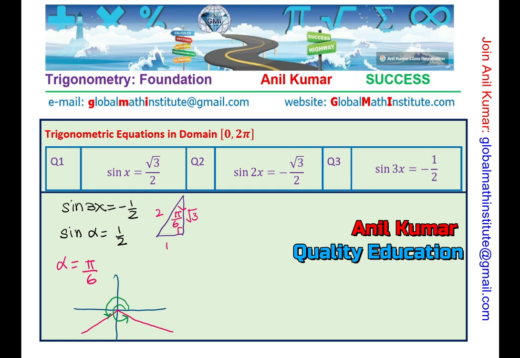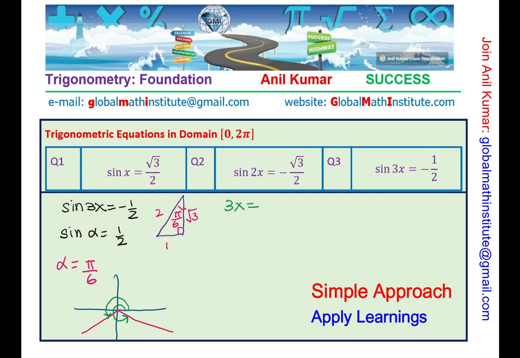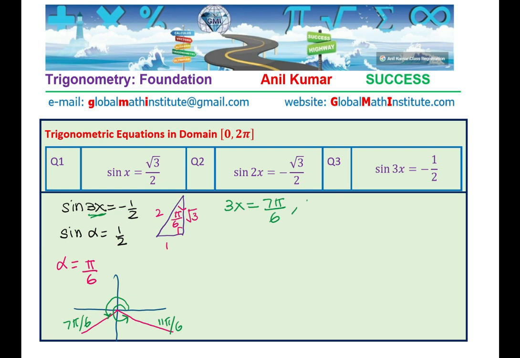Now let's write down 3x is equal to what? Because the actual argument is 3x, sine 3x is minus half. So if you go one circle, it is going to be 7 pi by 6 and 11 pi by 6.